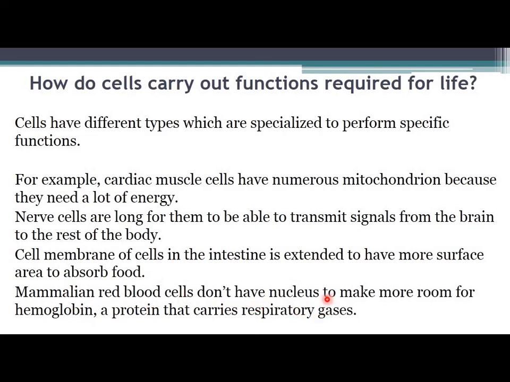So, tayong red blood cells natin, no? Wala tong nucleus yung ating red blood cells. Bakit? To make more room for hemoglobin, a protein that carries respiration gases. Para, ayun nga, no?